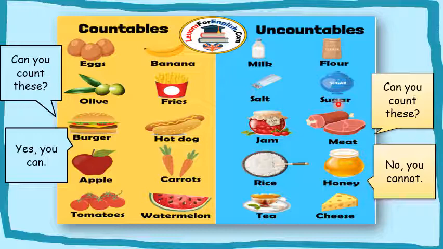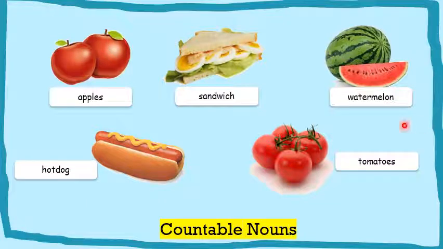It's really hard for you to count sugar, right? So that's why we consider this noun as uncountable. Tidak boleh dikira. Seterusnya, okay, we have apples, sandwich, watermelon, hot dog, and tomatoes. These items are considered as countable nouns.